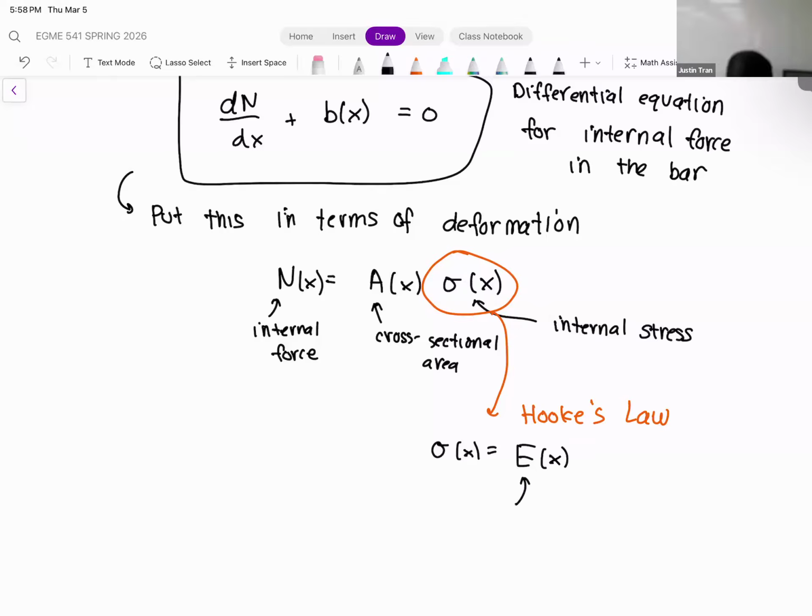So E of x here, this is the Young's modulus. And we're being completely general here, so we're assuming that the Young's modulus can actually change in space. Which is quite unusual, but it can happen for certain composite materials. And then this epsilon here, this is the strain as a function of x, right? So stress is equal to Young's modulus times strain. So that's the central formula for linear elasticity.